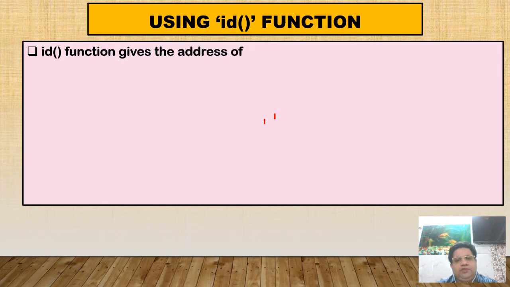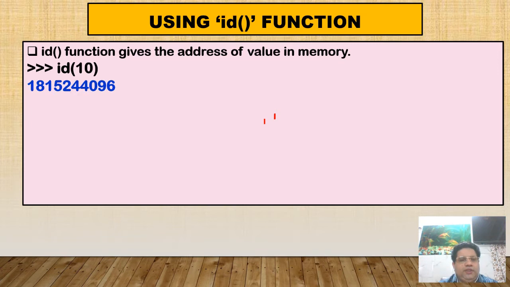So the id function gives the address of a value in memory. Is that clear? If I print id of 10, you will get the address of 10 in memory. Now if I print id of 2, you will get the address of 2 in memory.